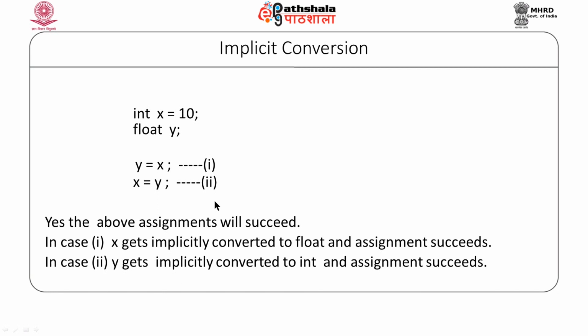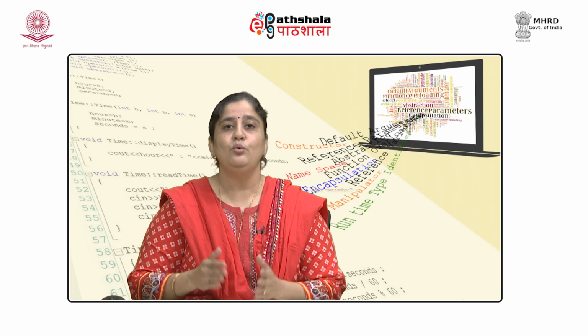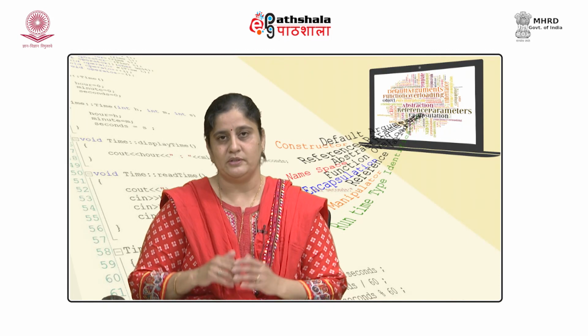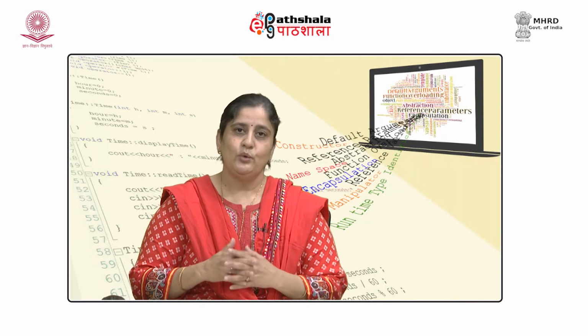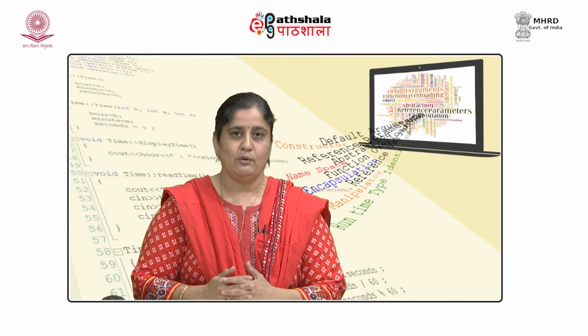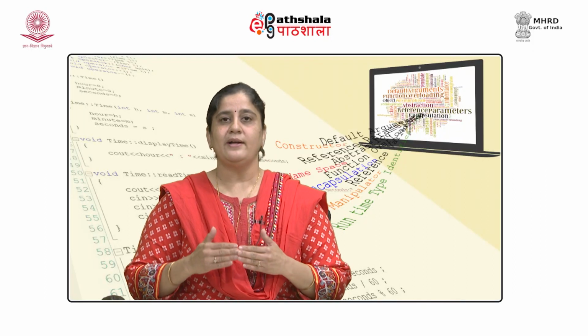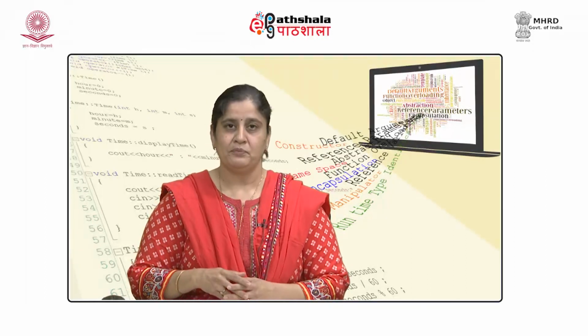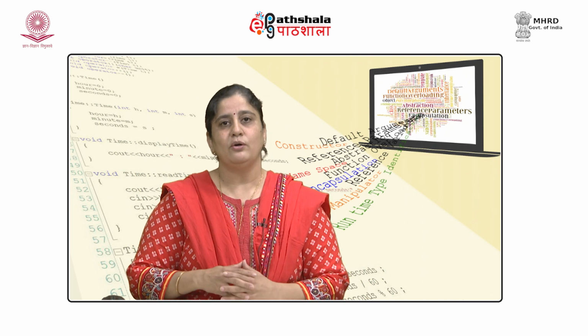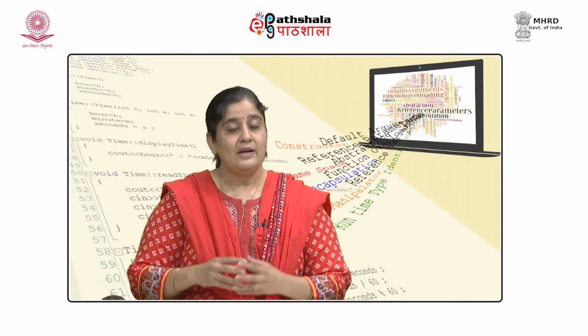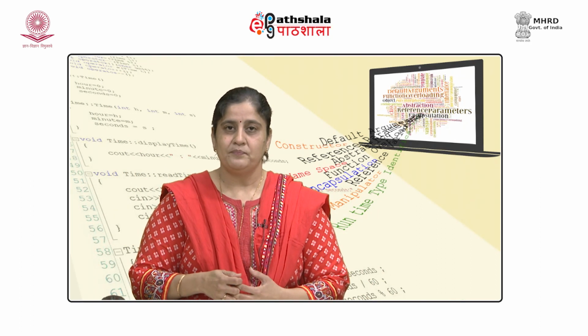You may recall that no operation inside the computer can be performed on two different types of operands. If I want to add two integers, I can do so, but the computer will not add one integer to one float, but we are allowed to write mixed mode operations. Then how do mixed mode operations work?